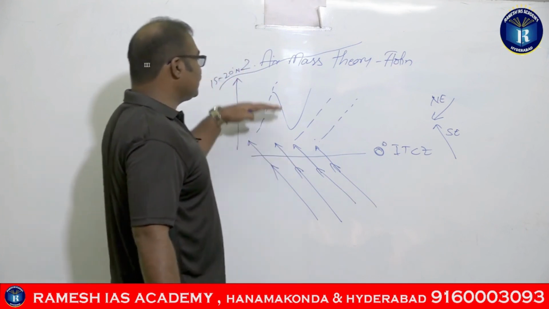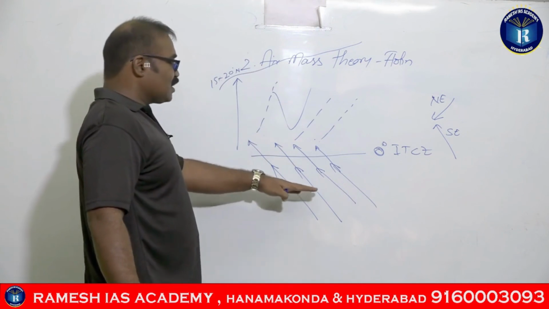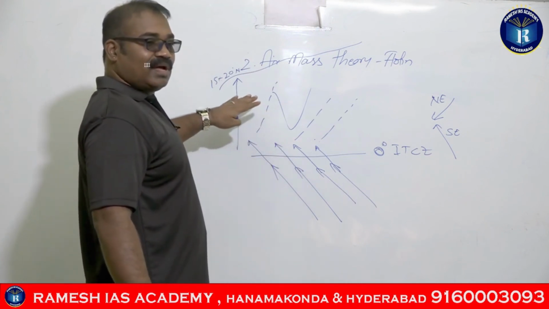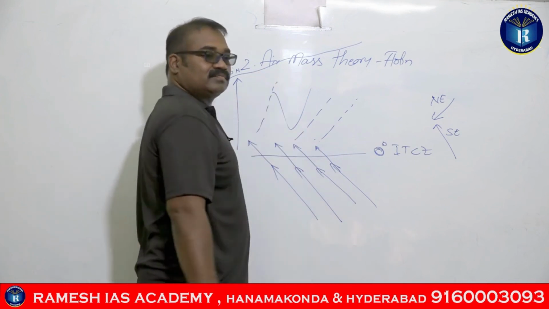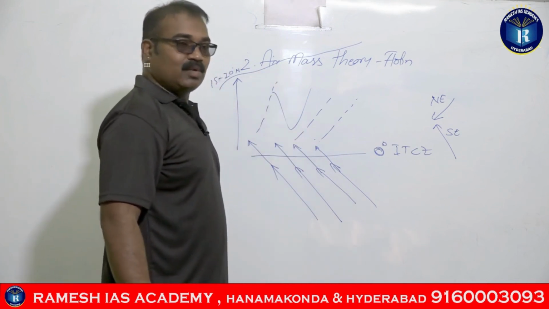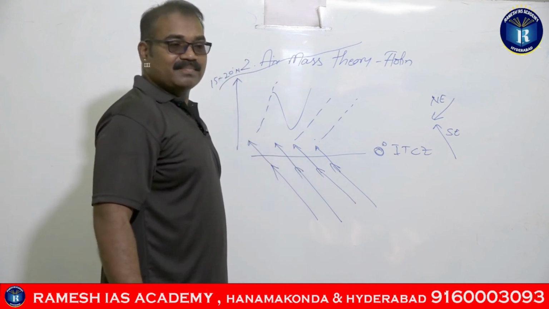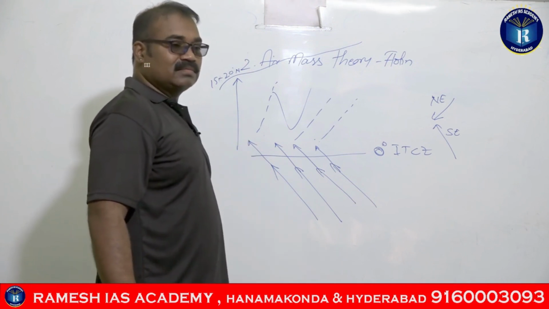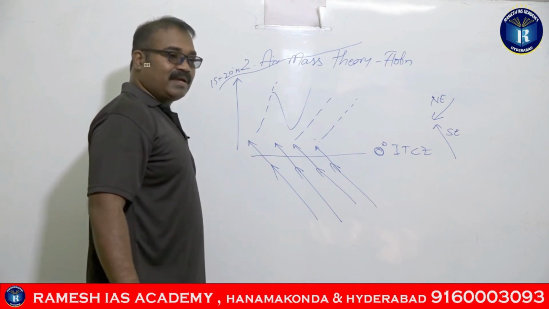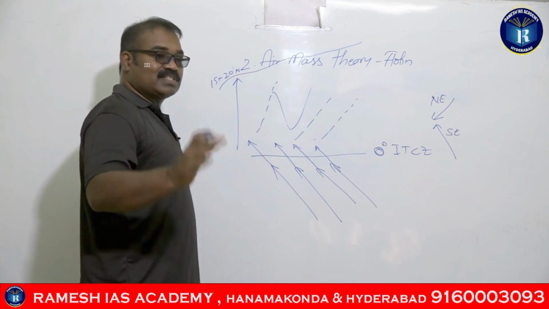So when the ITCZ is shifting, the southeastern trades are entering into the northern hemisphere, because the ultimate goal of the southeastern trades is to reach the ITCZ, right? But as they enter the northern hemisphere, according to Ferrel's law, anything in motion will be deflected towards the right hand side.